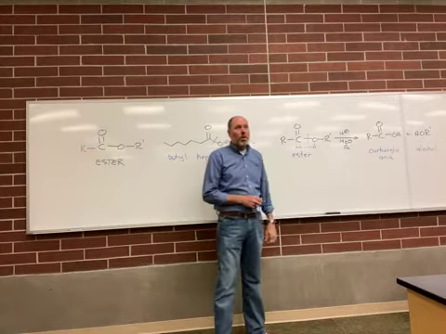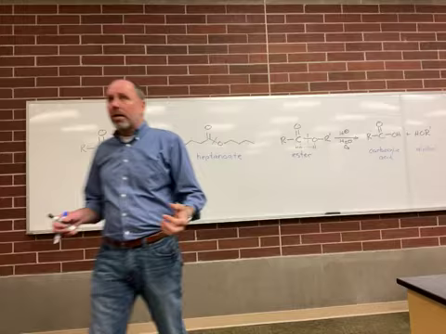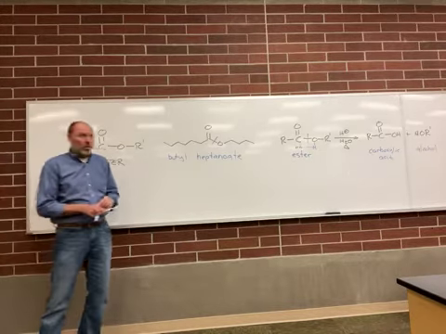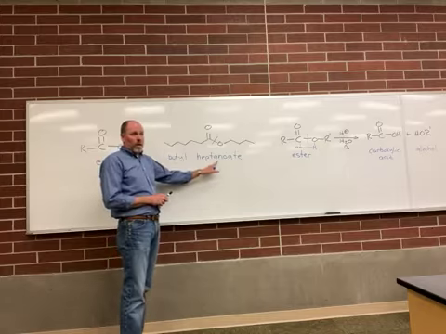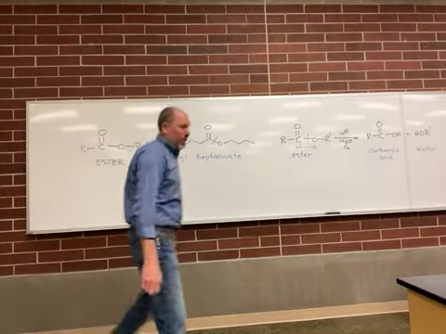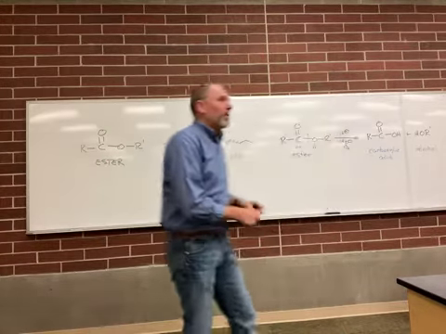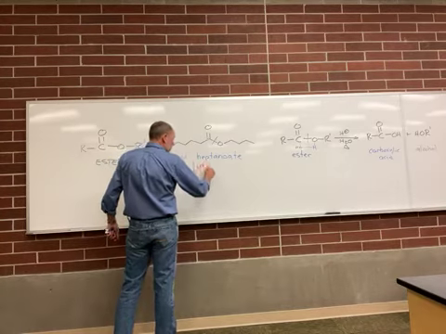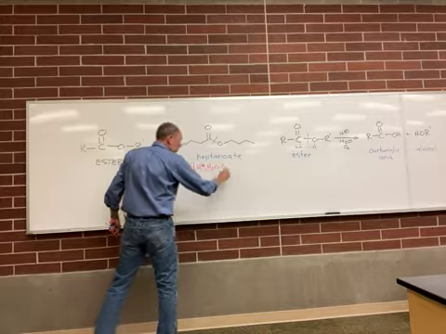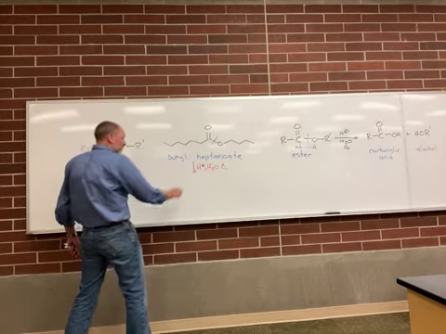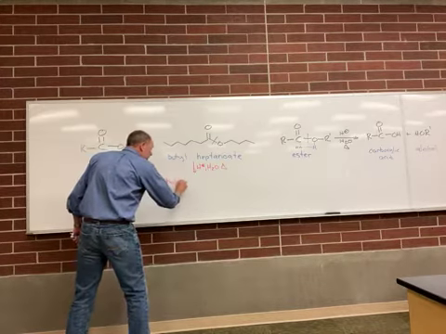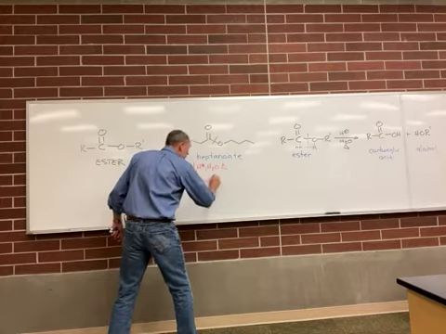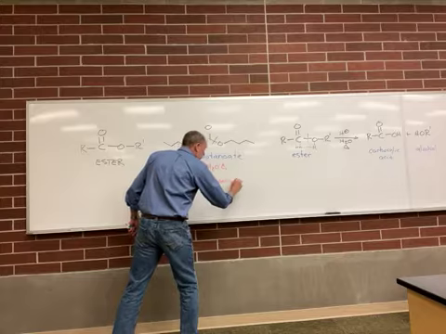Okay? So here's kind of the neat thing. If I can name it, I know my products. If it's butyl heptanoate, the products of butyl heptanoate under hydrolysis are going to be butanol and heptanoic acid.